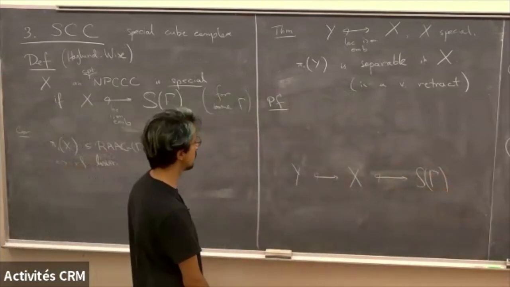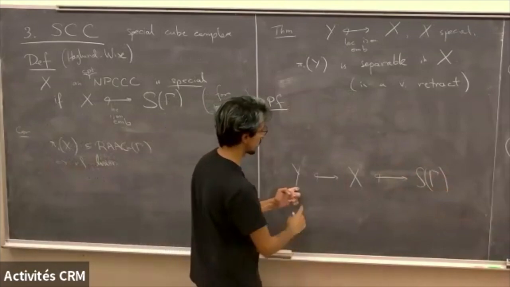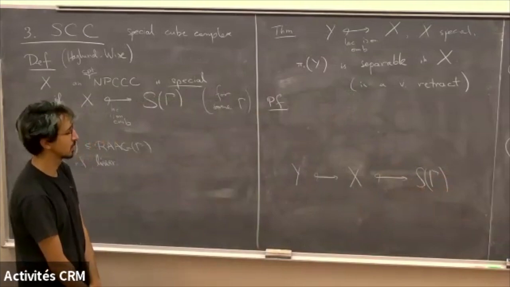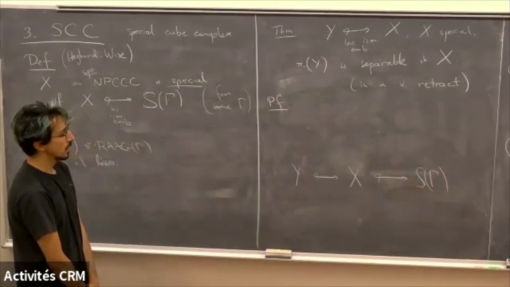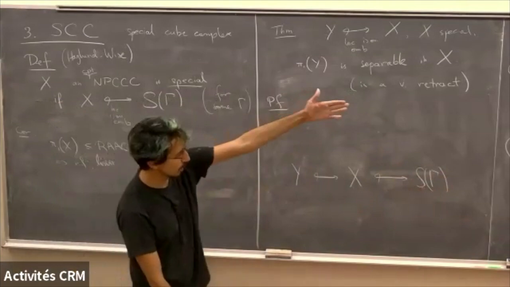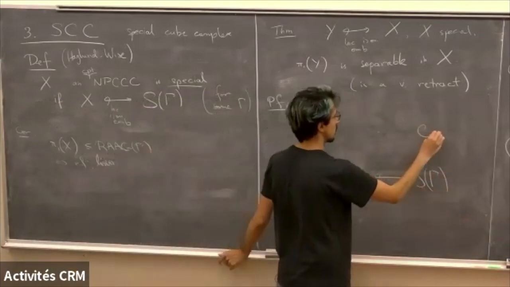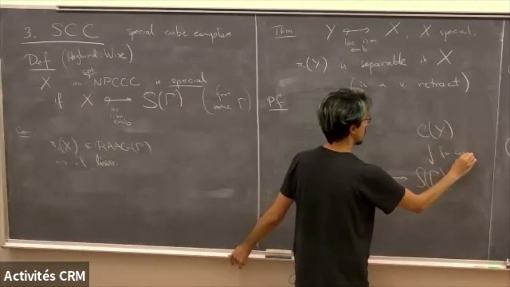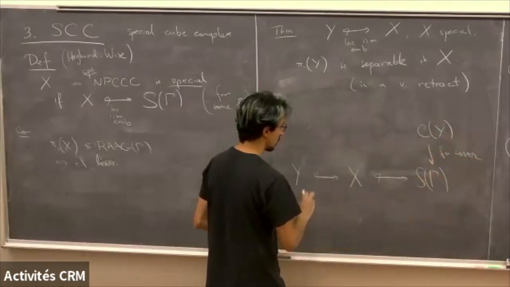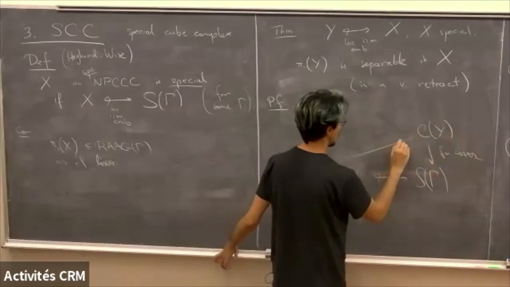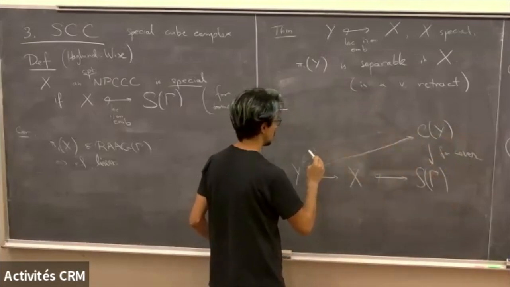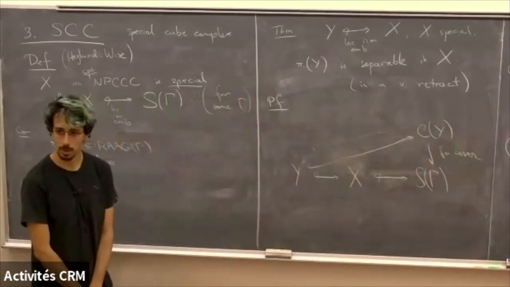Okay. But now, what do I get? I get that y has a local isometric embedding into a Salvetti complex. So it has a completion with a finite cover, with an embedding here and the retraction. That's the one.